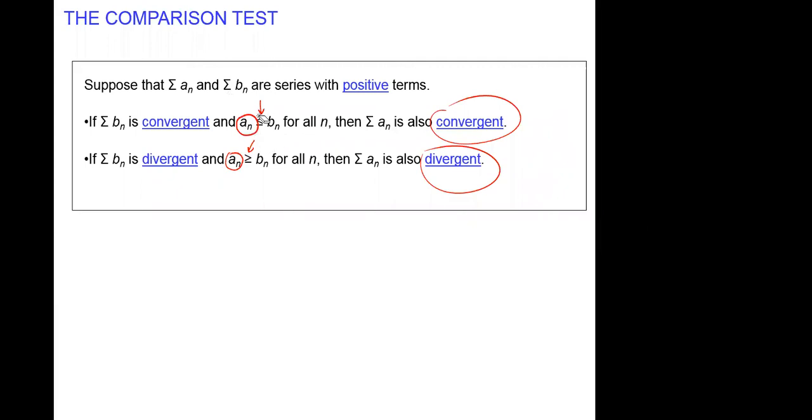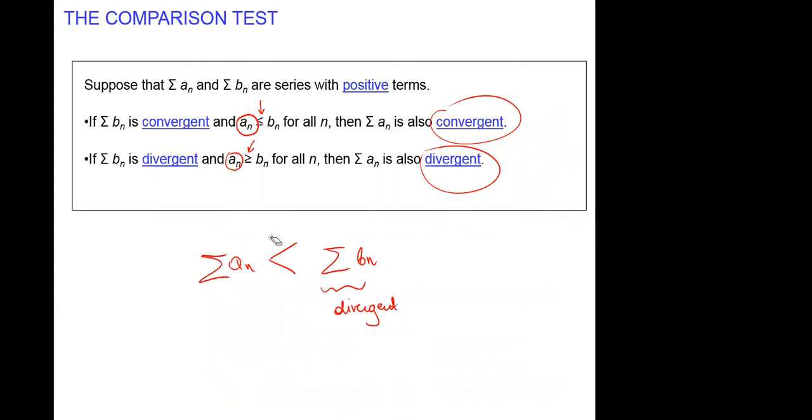Of course, if the inequalities go the other way, then we can't really compare. Let's say A sub n is my original one, B sub n is the new one. And let's say B sub n is divergent, and my infinite series A sub n is smaller. I don't know if it's smaller, it could be convergent or it could also be divergent.